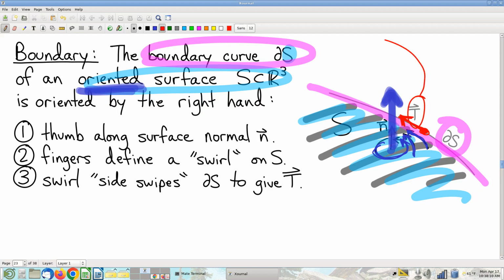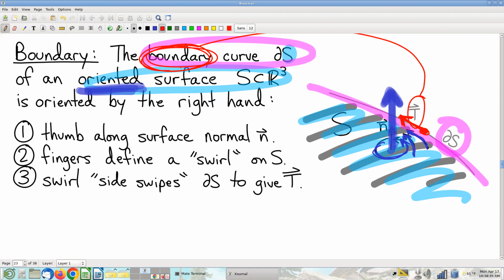This is the induced orientation on the boundary. So keep in mind, the word boundary is a loaded word in vector calculus. Boundary does not mean just a curve or just a surface. Boundary means an oriented curve in this case. And so boundary of a surface is oriented as per this convention.